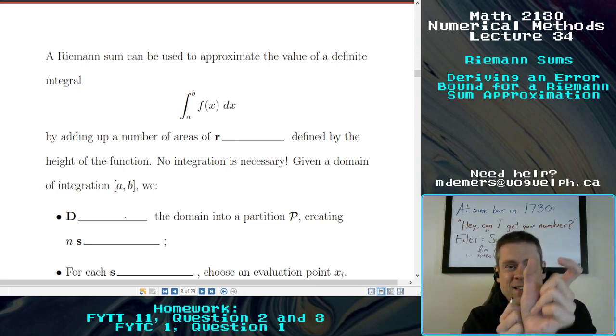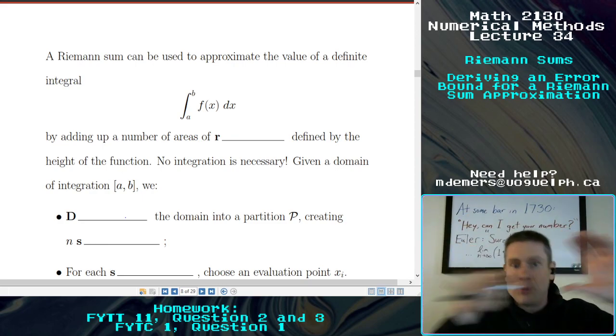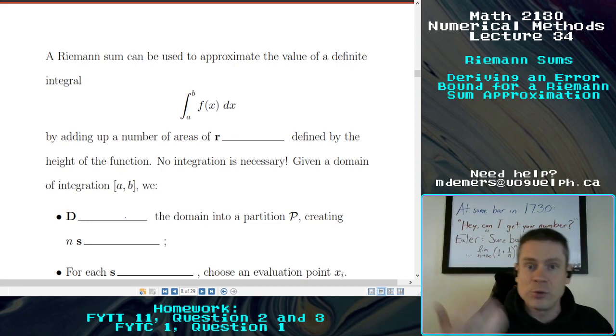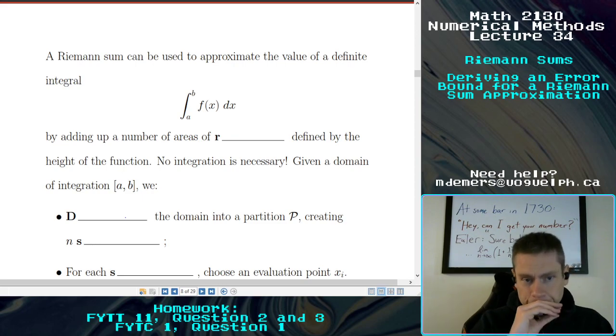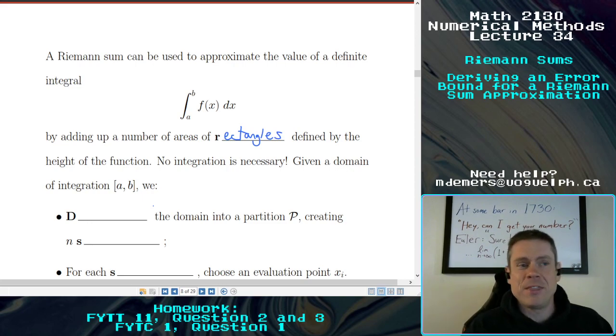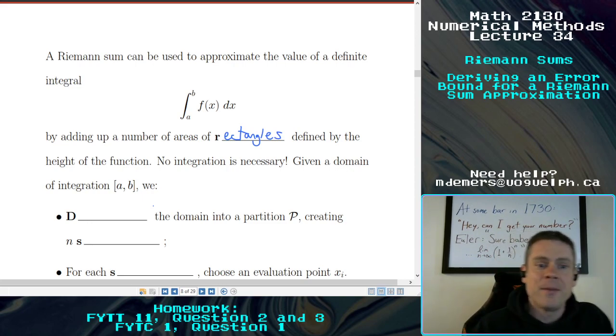And the limit, as the width of those rectangles got really, really skinny, the area of those rectangles underneath the curve filled up the space, and in the limit we get the true area under the curve. By adding up a number of areas of rectangles defined by the height of the function, a Riemann sum then produces a decent approximation of the true area.